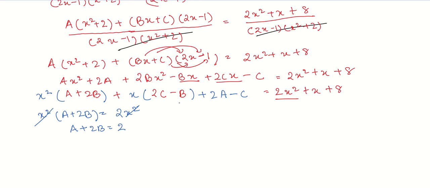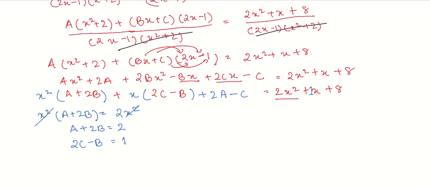Similarly, we'll do the same for the x coefficient. On the left side, the x coefficient is 2C minus B, and on the right side, the x coefficient is only 1.